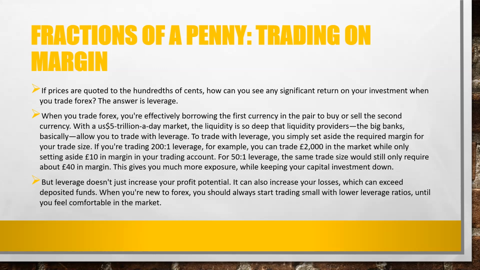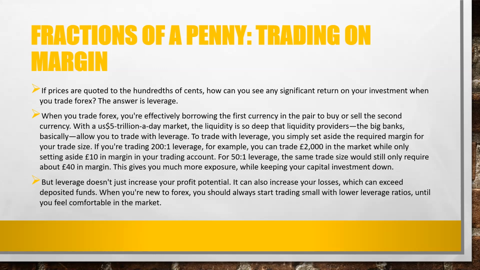If you are trading 200:1 leverage, for example, you can trade 200 euro in the market while only setting aside 10 euro in margin in your trading account. For a 50:1 leverage, the same trade size will still only require about 40 euros in margin.